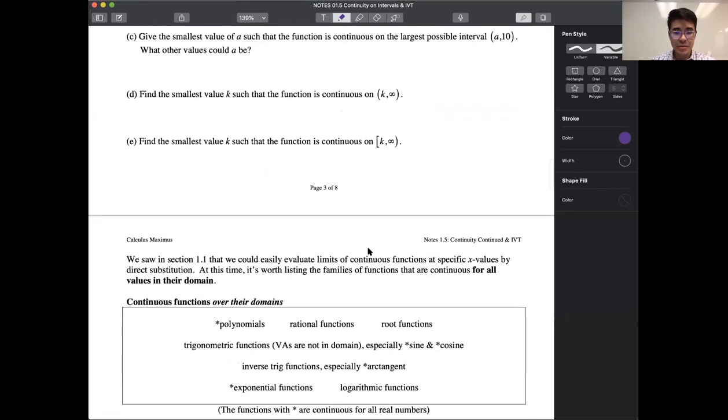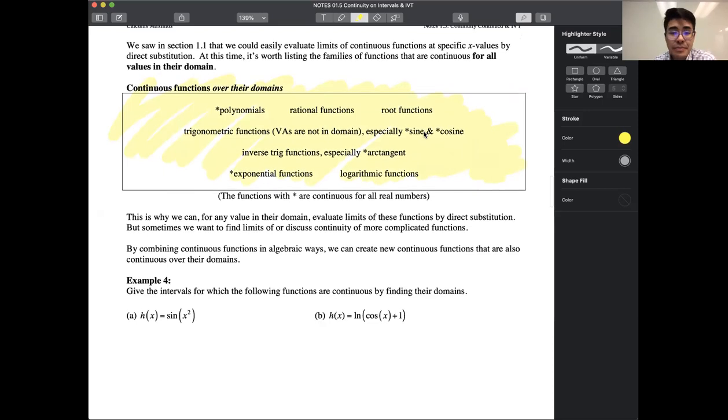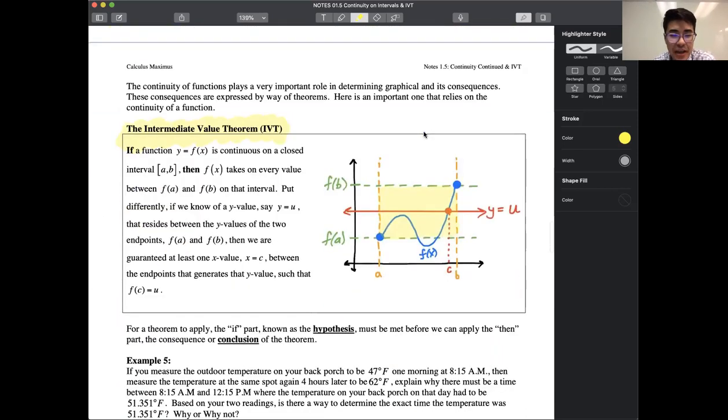Something for you to think about in case you need to know this: these things are all continuous by definition, as long as it's on their domain. Because for a lot of your justification arguments, you need to say because the function is continuous. So I've highlighted that for you there. That's why I have the sheet.